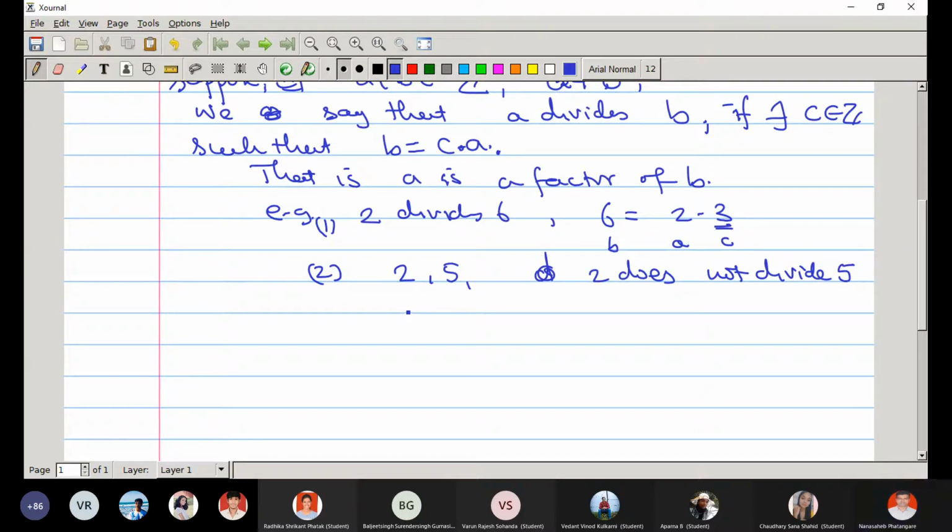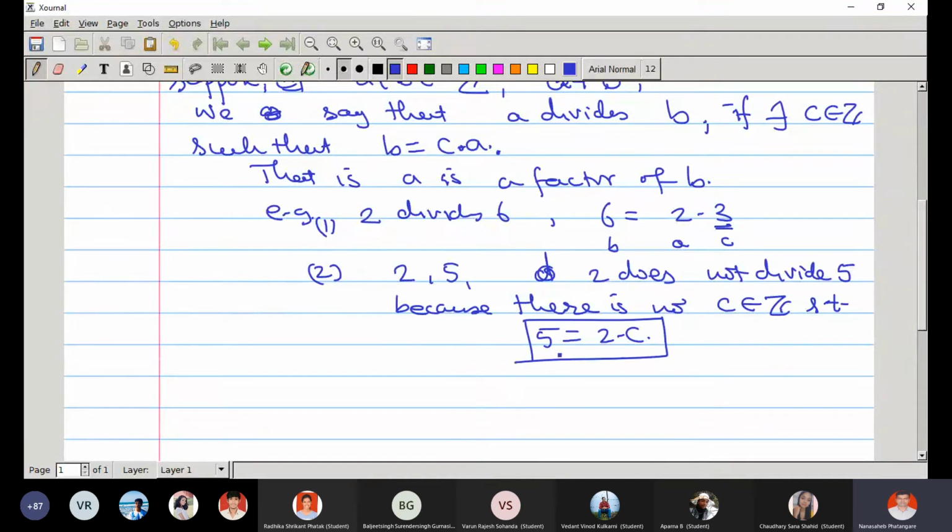Yes, because there is no integer c such that we can write 5 is 2 times c. This expression is not possible for any integer c.